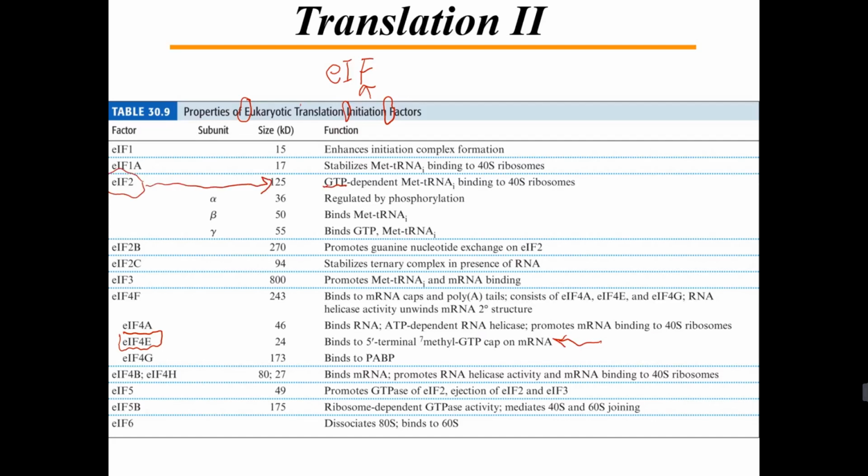And basically, it will help bring in that initiator tRNA. Again, we have eIF3, which promotes the initiator tRNA and mRNA binding. And it also prevents reassociation of the ribosomal subunits in the absence of an initiation complex.